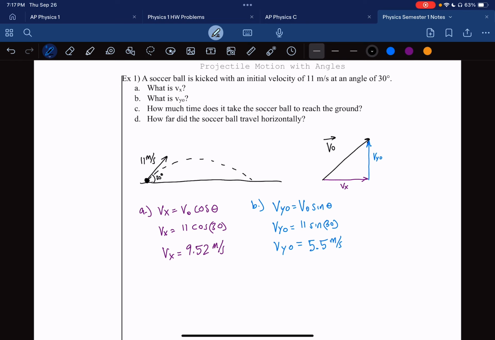Vx, on the other hand, is just constant velocity. If there is a sunny day and the soccer ball had a shadow, its shadow is traveling at a constant velocity. That's part A and part B.